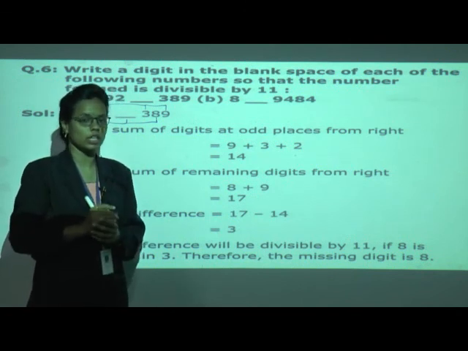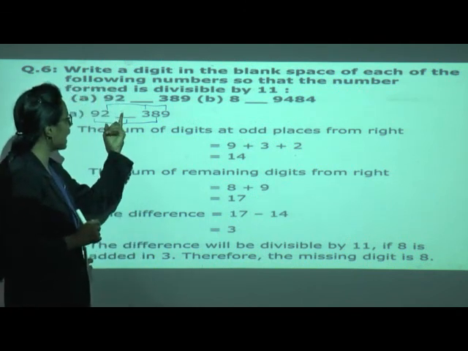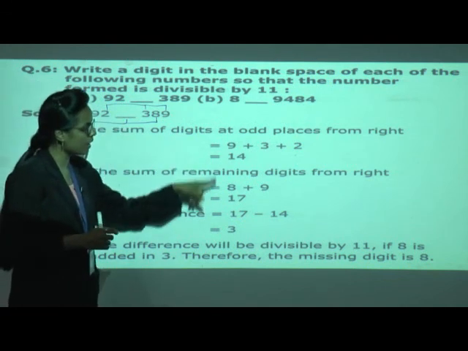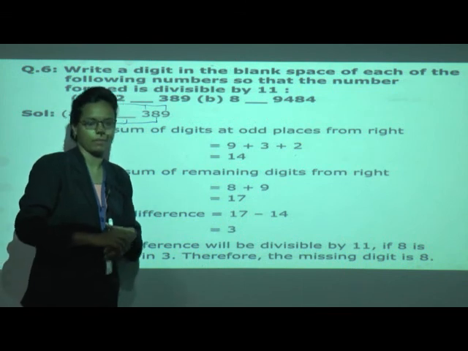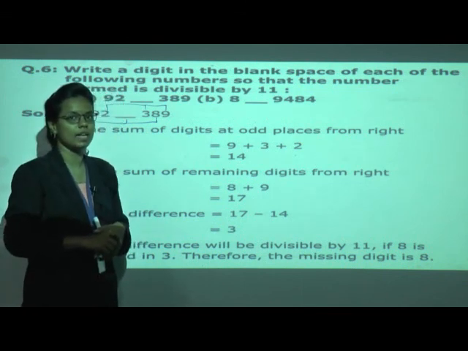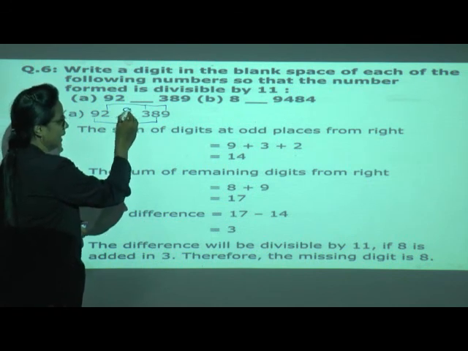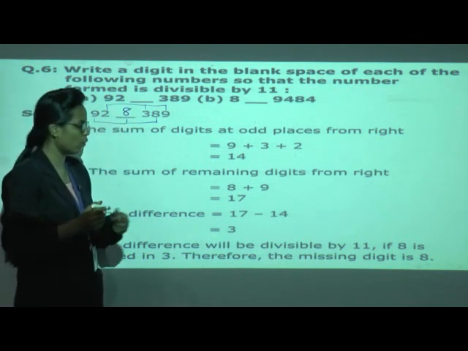So the question is, what number can be added here so that the number is divisible by 11? The number is 8. Why?